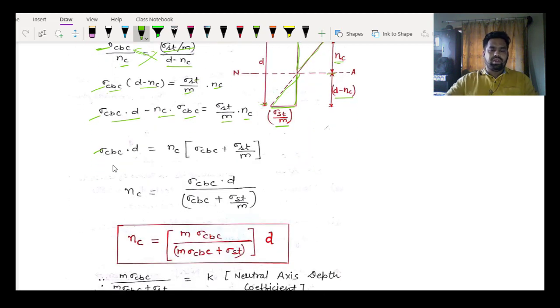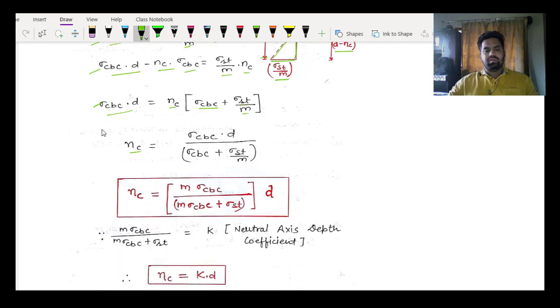Now we move all the common terms together, so sigma cbc d equals nc into sigma cbc plus sigma st upon m, because nc is common. So nc becomes sigma cbc into d whole upon sigma cbc plus sigma st by m. By solving it further we get nc equal to m sigma cbc whole upon m sigma cbc plus sigma st, into d. You can also remember this as mc upon t plus mc into d.